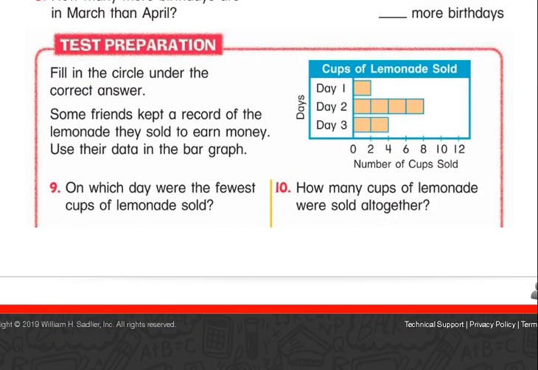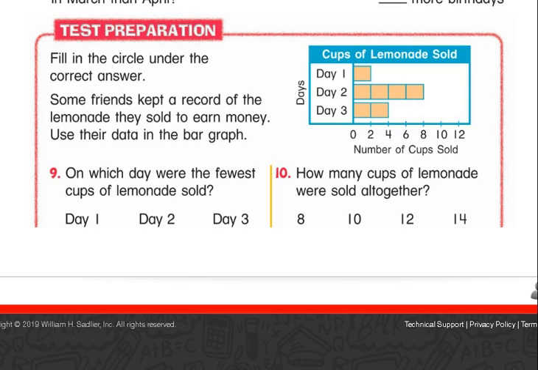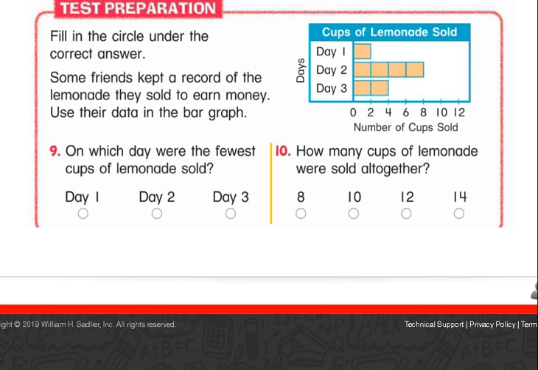And let's check the last question. Test preparation. Fill in the circle under the correct answer. Some friends kept a record of the lemonade that sold to earn money. Use their data in the bar graph. On which day were the fewest cups of lemonade sold?